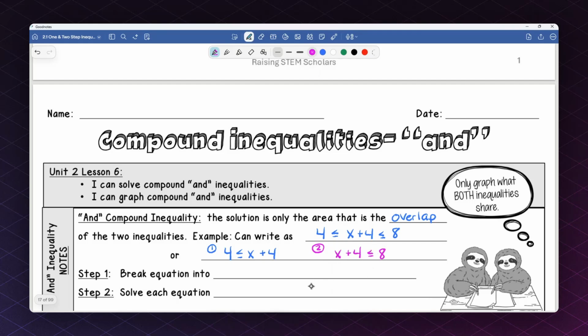We're going to break this original equation into two equations, or I should say two inequalities. And then you'll solve each inequality and graph.